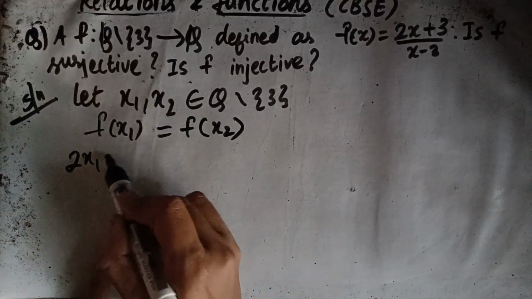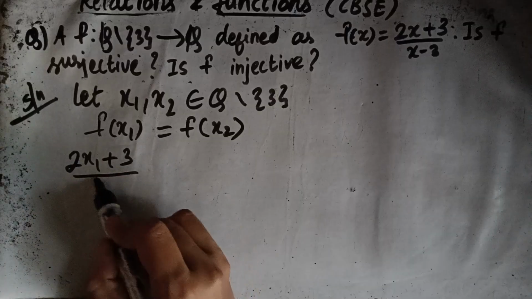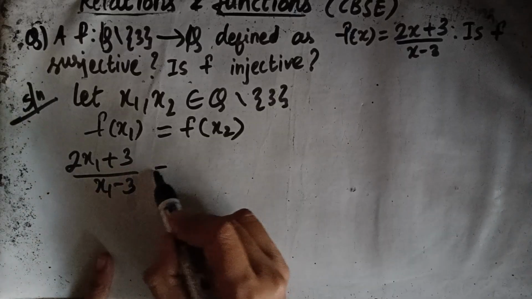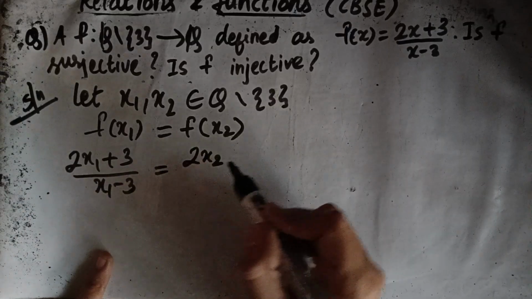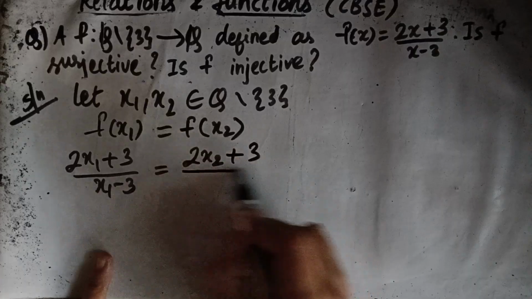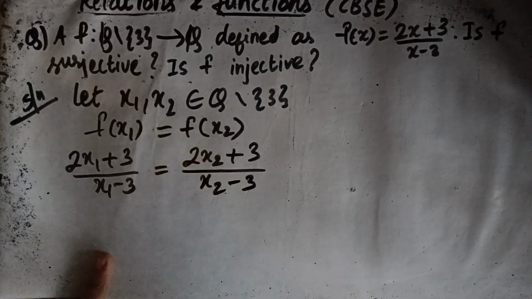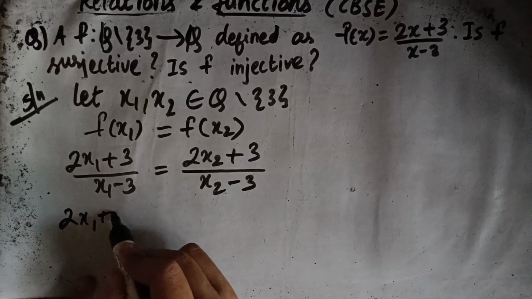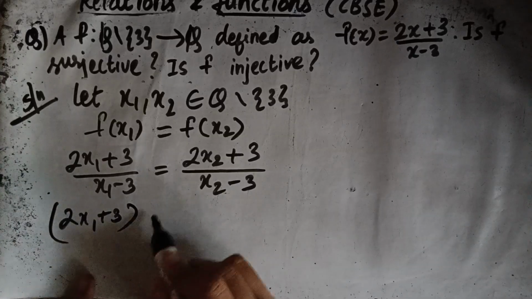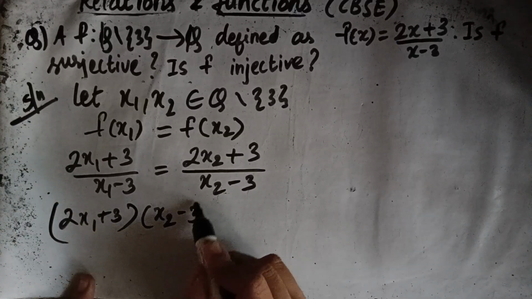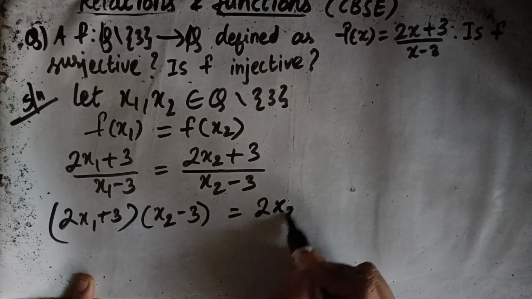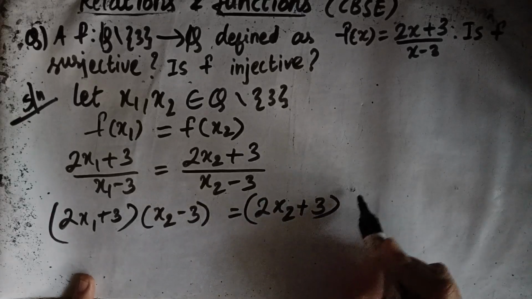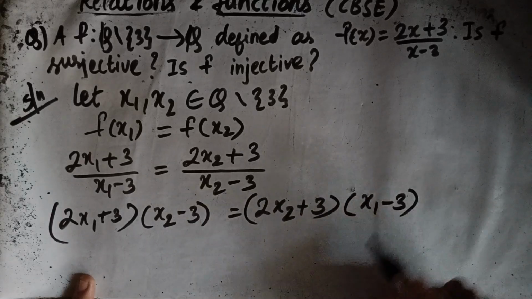So (2x1 plus 3) upon (x1 minus 3) equals (2x2 plus 3) upon (x2 minus 3). Okay, cross multiplying we get (2x1 plus 3)(x2 minus 3) equals (2x2 plus 3)(x1 minus 3).